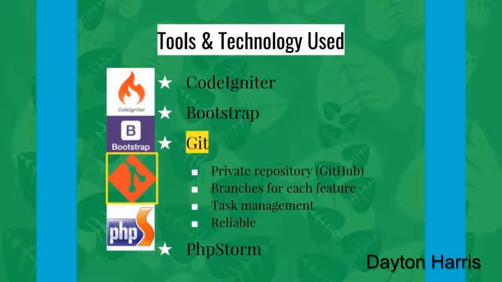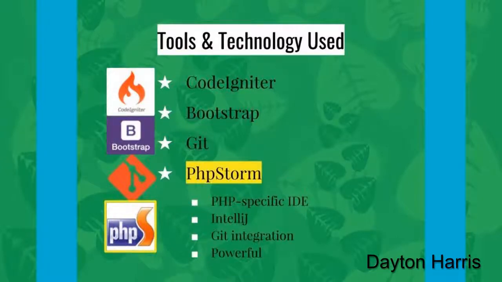Finally, PHP Storm is an IDE developed by JetBrains and is therefore similar to other well-known IDEs such as IntelliJ or CLion or RubyMine. PHP Storm allows developers to run a local version of the code to test any necessary fixes or changes before committing them to the published server. Furthermore, since PHP Storm integrates easily with Git, it was an obvious choice for our development.